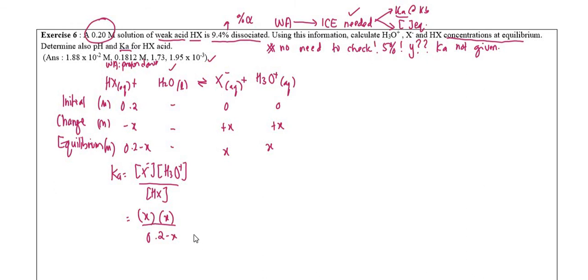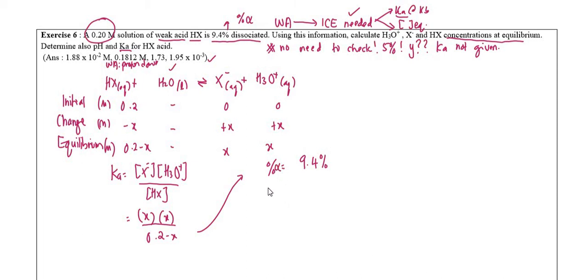So from here, next step, percentage dissociation is 9.4%. Just substitute. Okay, sorry, percentage dissociation.